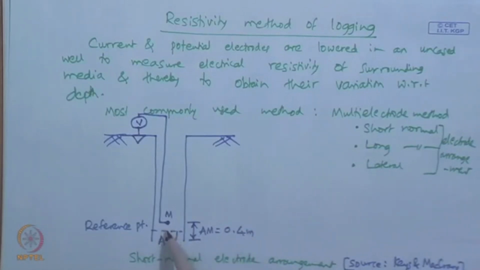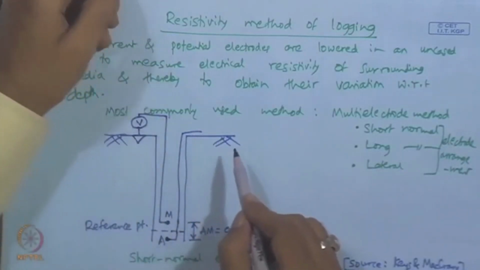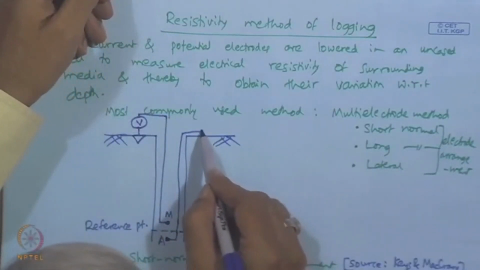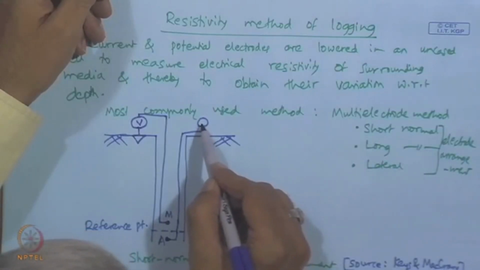That is, M is 0.2 meter above this midpoint, and A is 0.2 meter below it, and from A, the current electrode is going.